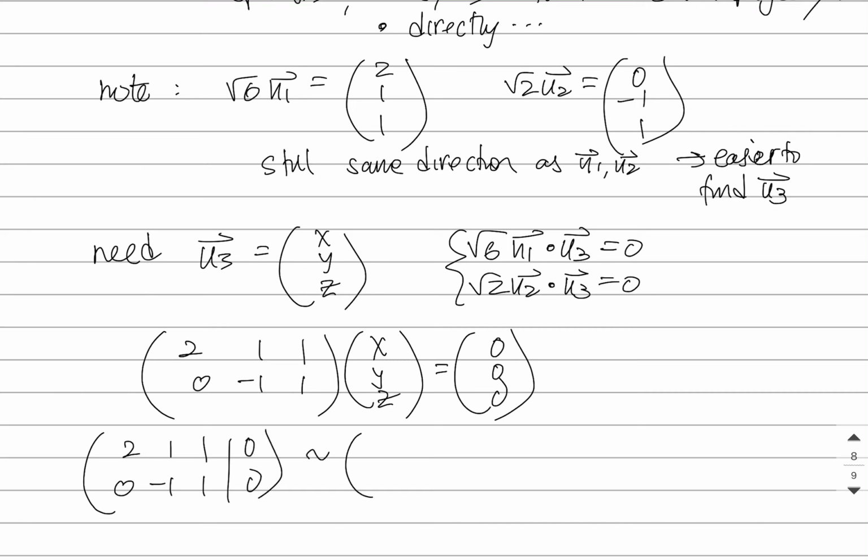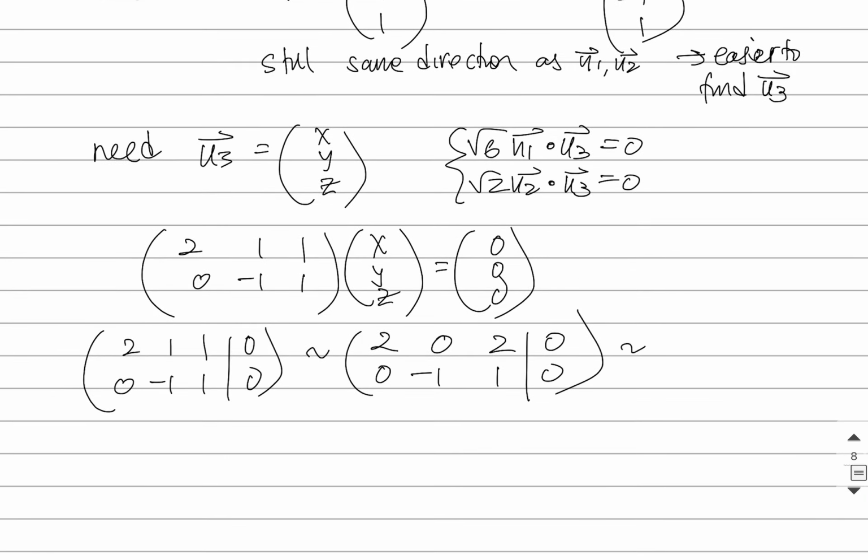And we can simply go ahead and row reduce this and try to come up with a pivot here. So if we add the second row to the top row, we'll get 2, we'll get a 0, we'll get a 2, 0, negative 1, 1. And if we scale this again, 2, 0, 2, we'll get a 1, 0, 1. 0, 1, 0, 0, 1, negative 1, 0.